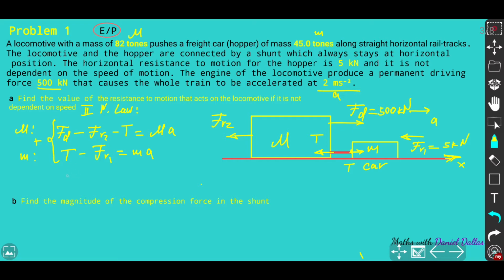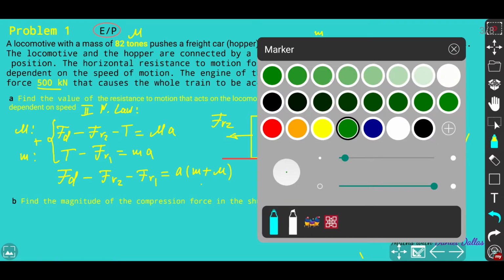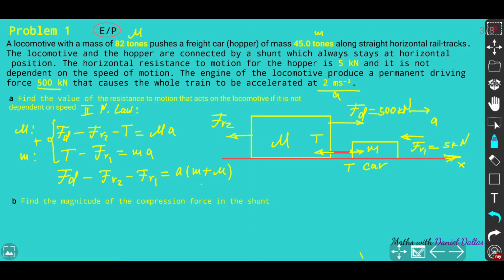In that case, we need to find the resistance from there, so first I'll add them up, and I'll get Fr2 minus Fr1, and because I've added them, I add on the right side, but I'll factorize the acceleration. What I have right now is an equation where I set up, with green or maybe blue, all the variables that I know.